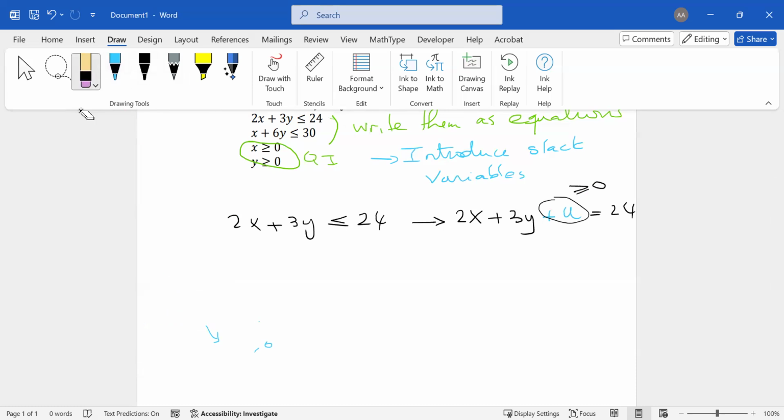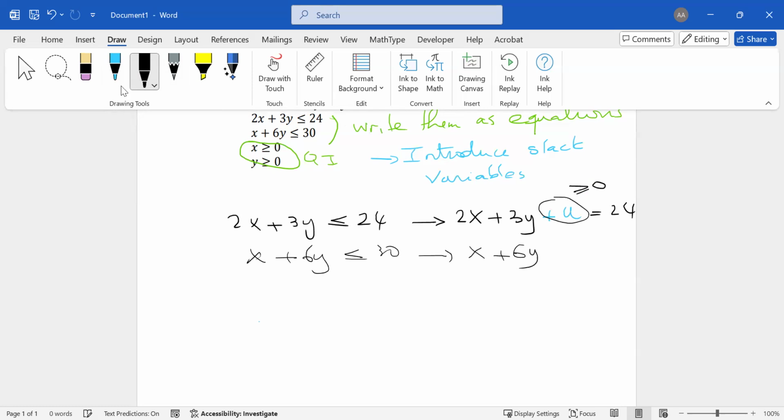So now we're going to do the same thing with the other one. x plus 6y less than or equal to 30. We're going to say why? Because there exists another variable. We don't call it u because u is taken.